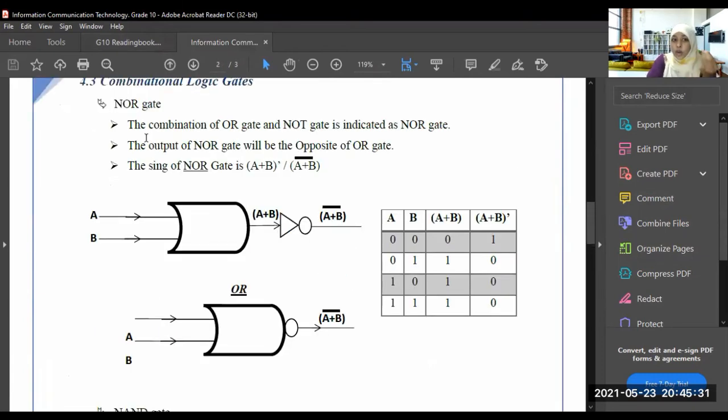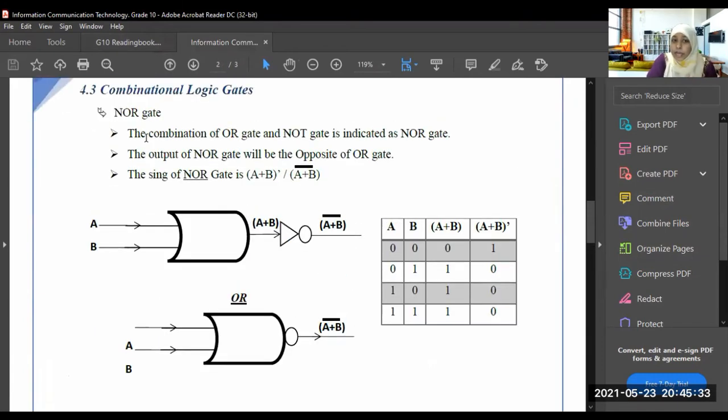So NOR gate means the combination of OR gate and NOT gate is indicated as NOR gate. The output of NOR gate will be the opposite of OR gate. Now in an OR gate, 1 is enough to be on. But here it is the opposite.